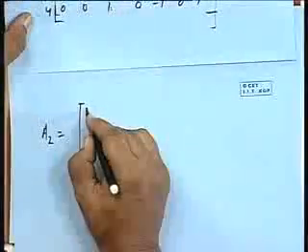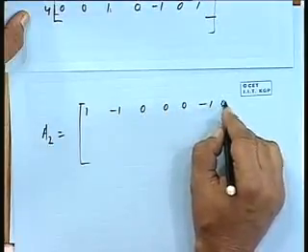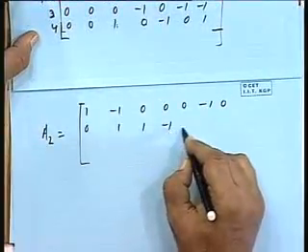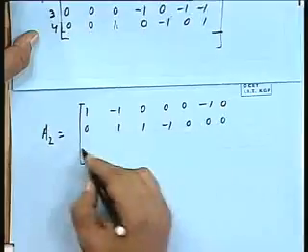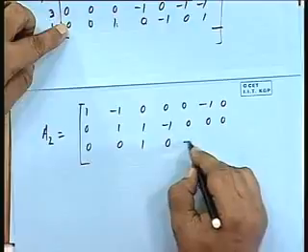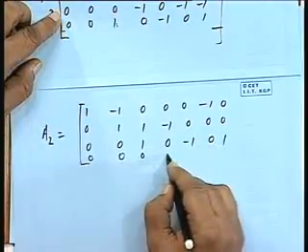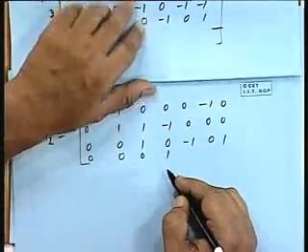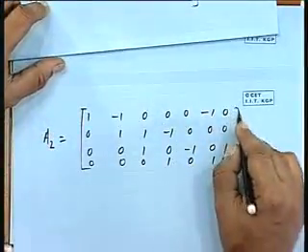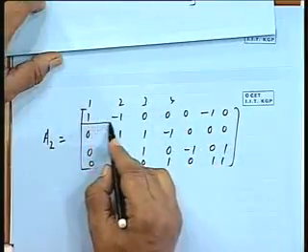So you will get 1, minus 1, 0, 0, 0, minus 1, 0, then 0, 1, 1, minus 1, 0, 0, 0, then we get 0, 0, 1, 0, minus 1, 0, 1, and then 0, 0, 0, 1. I have changed the sign, okay, so 0, 1, 1, 0, 1, 1. So element number 1, 2, 3, 4 may form a possible tree.